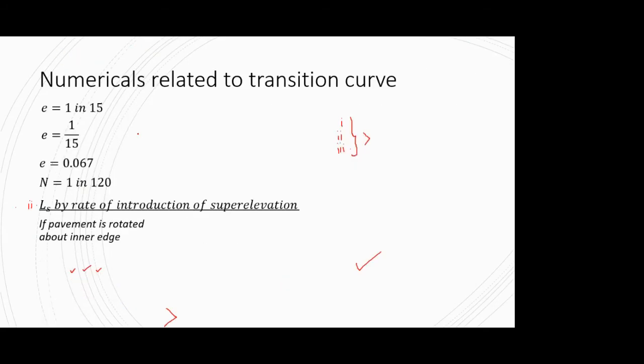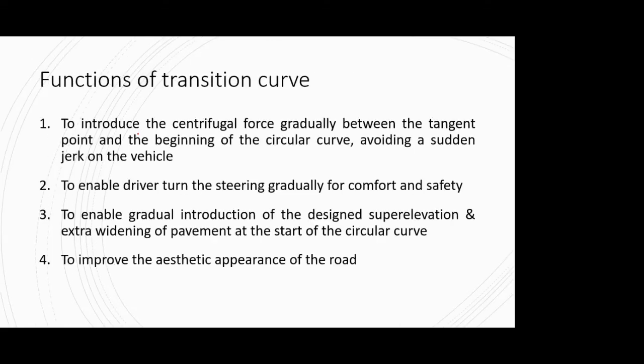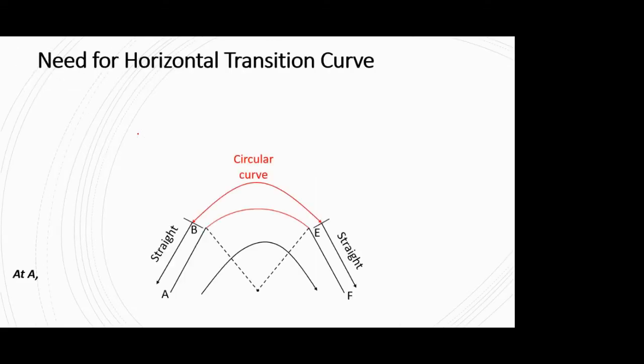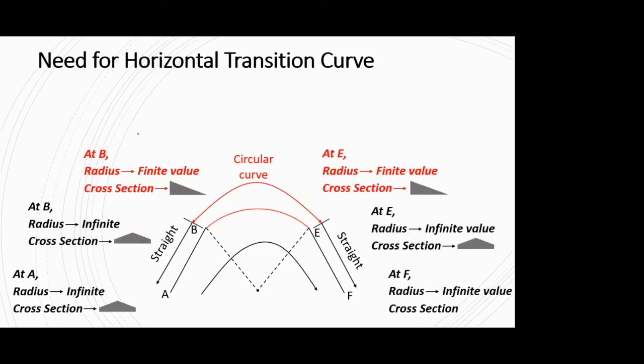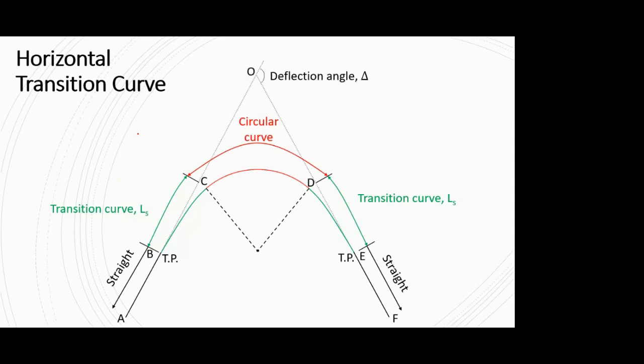So this is all with the transition curve, and a small thing that I didn't cover in any of the numericals is something called the shift of transition curve. If I go back to the components of your transition curve, in this figure we had seen all the components, and here we had that shift of transition curve, that is its deviation from the circular curve.